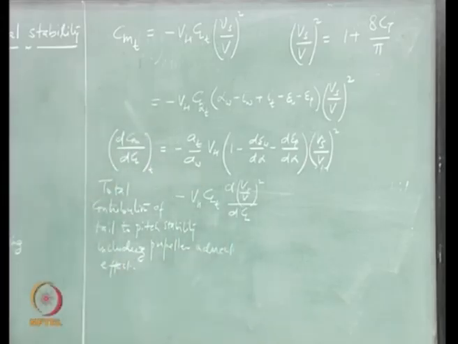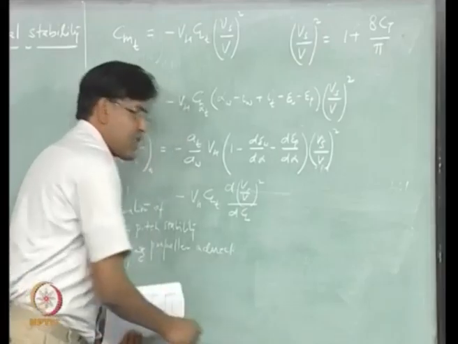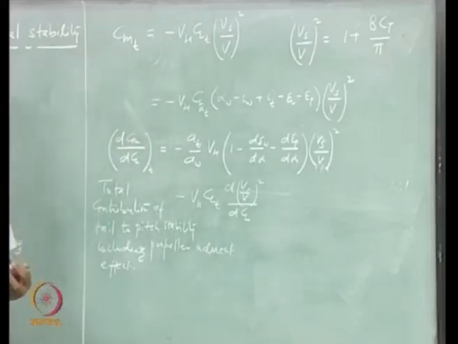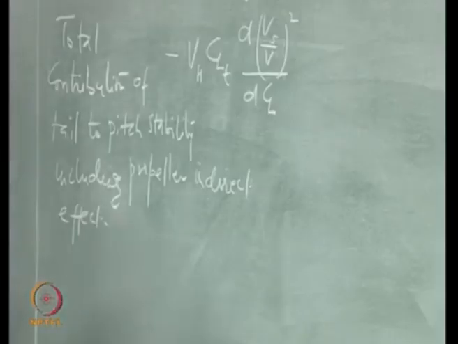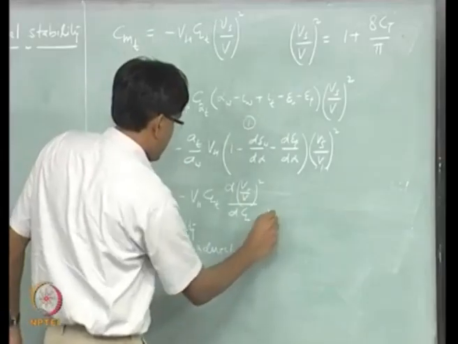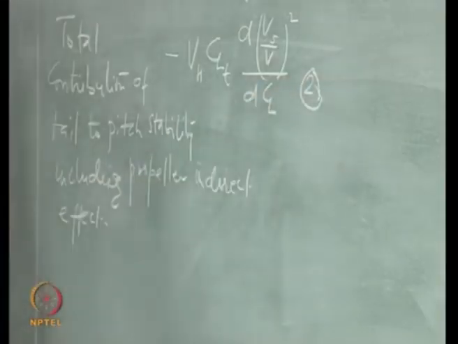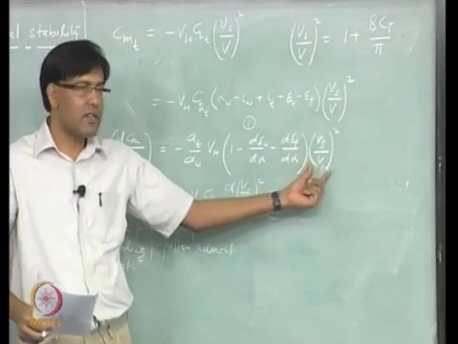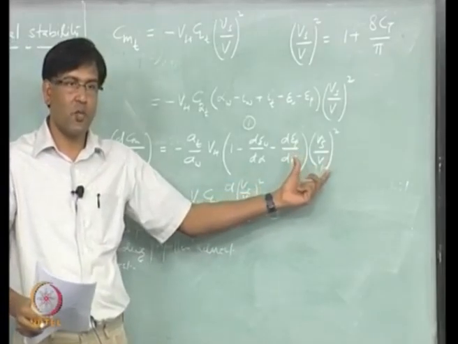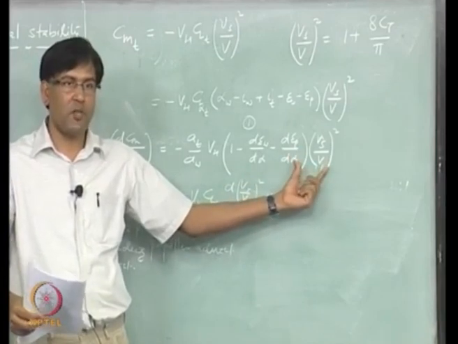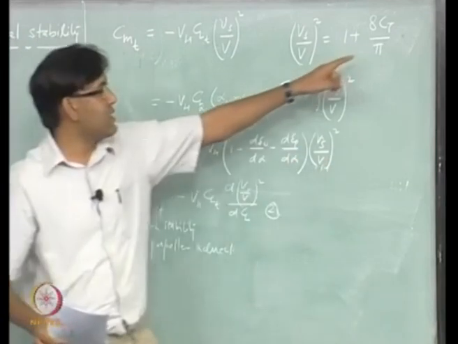Propeller indirect effect. So, what do you think this effect is, stabilizing or destabilizing? Now, we are talking about two terms. And clearly this is greater than 1 when the propeller is running, 1 plus 8 Ct over pi.